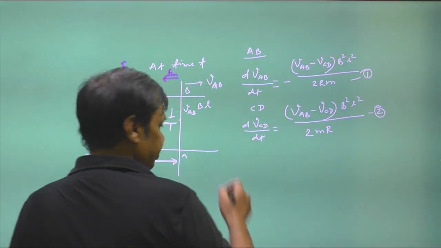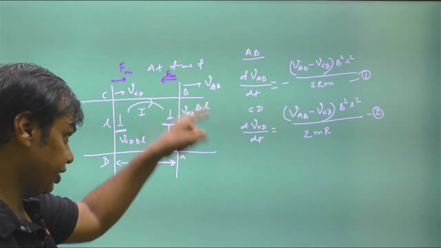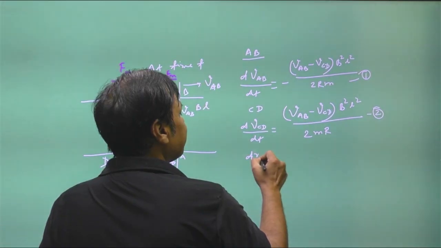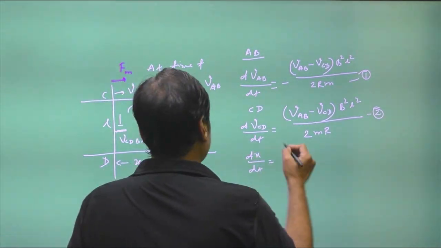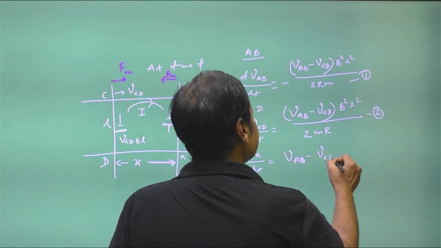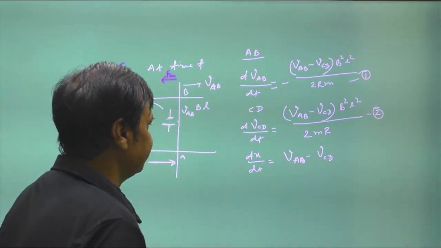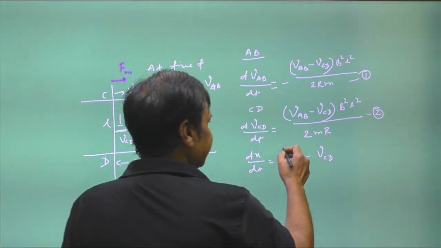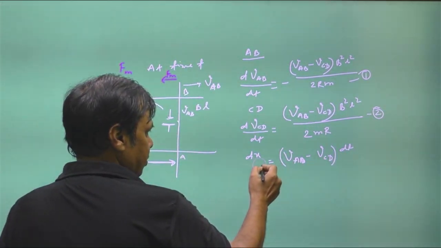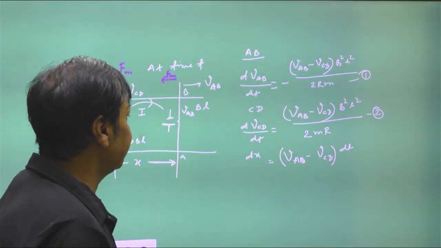So one thing is clear here. From this picture, I've just got an equation to connect them. dx upon dt will be VAB minus VCD, this is kinematics, nothing else. So this dx will be (VAB minus VCD) multiplied by dt.